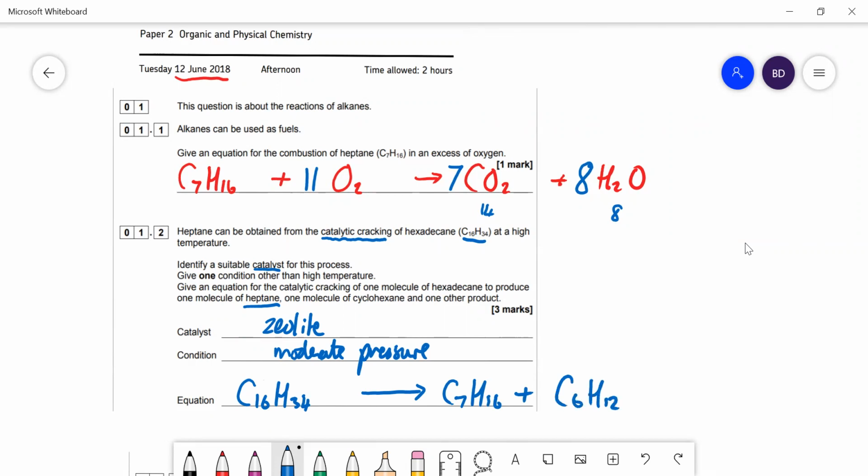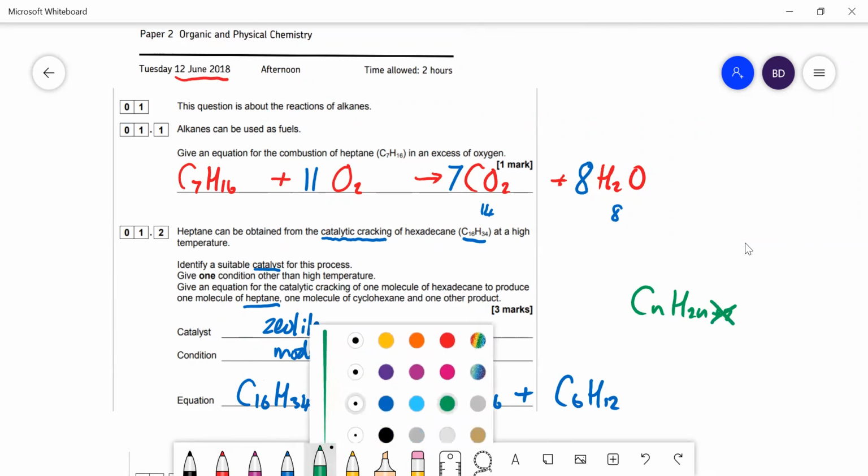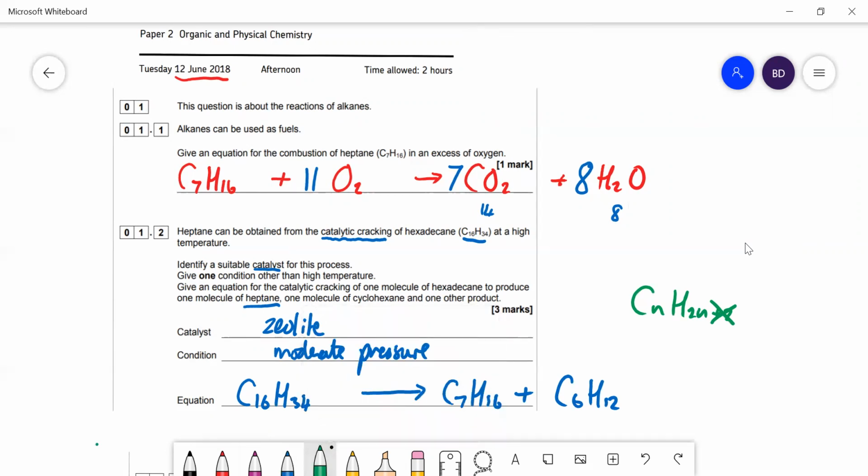Remember, cyclohexane, because it's cyclic, it's CnH2n, not +2. If you add up to make that equation balance, we've got 13 carbons on the right, 16 on the left, so we need 3 carbons and 6 hydrogens. So you get propene as the other product there.